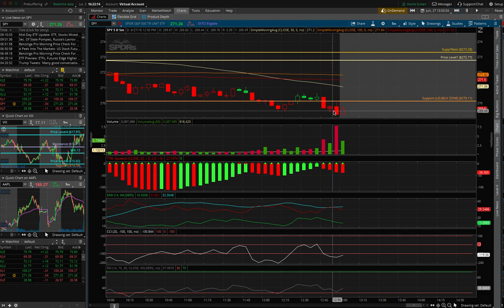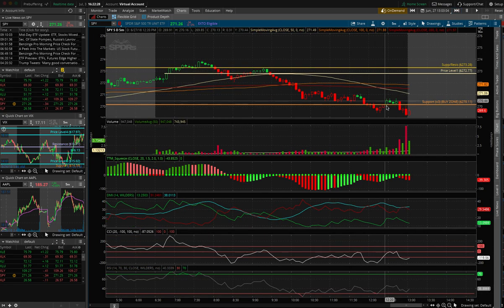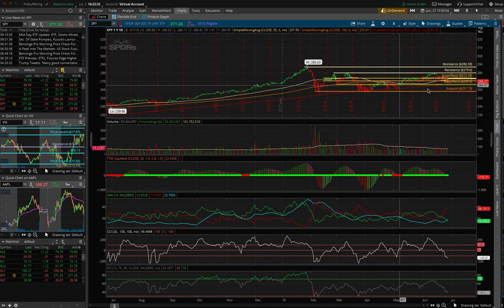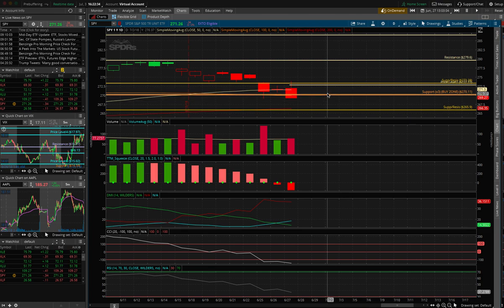And closed below. So you would have got stopped out. Importance of knowing your levels can make you good money. Just knowing these two levels.